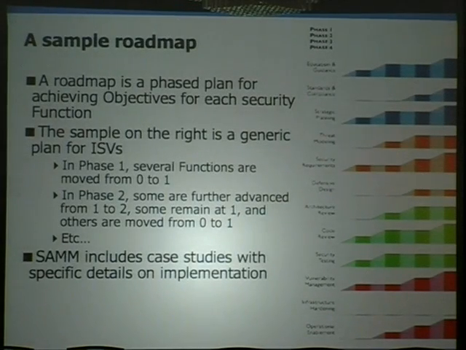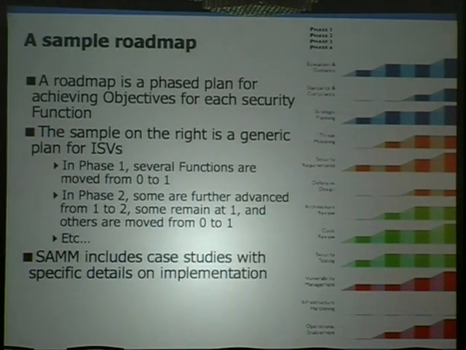In phase 2, some things stay the same, like security requirements, some improve to level 2, and others go from level 0 to level 1. That's the roadmap for an entire assurance program in one half of a slide, which you can use to define what's appropriate for a given organization. This one is the recommended roadmap for ISVs.